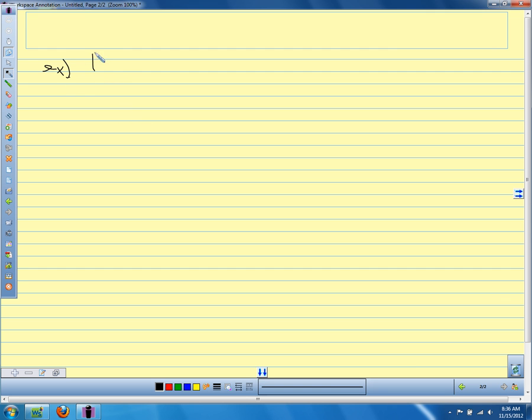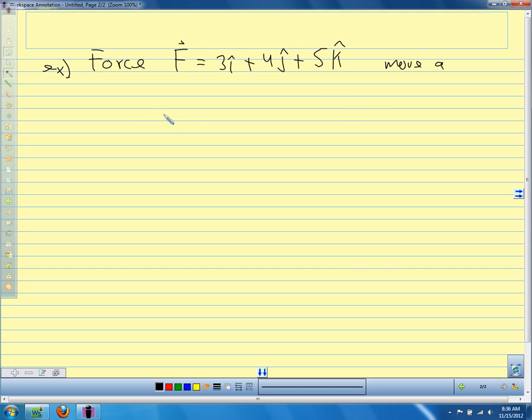So we have a force F that is 3i plus 4j plus 5k, and it moves some particle from point (2, 1, 0) to some other point (4, 6, 2). We want to find the work.